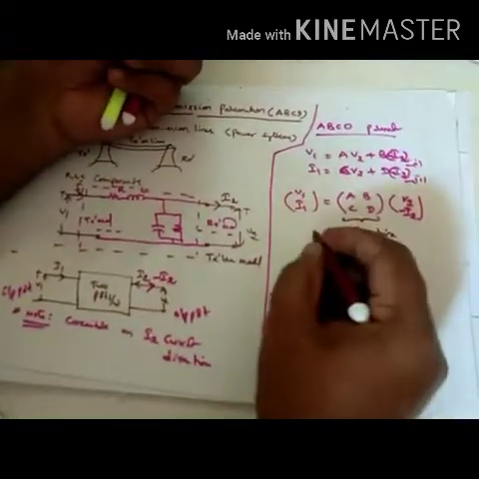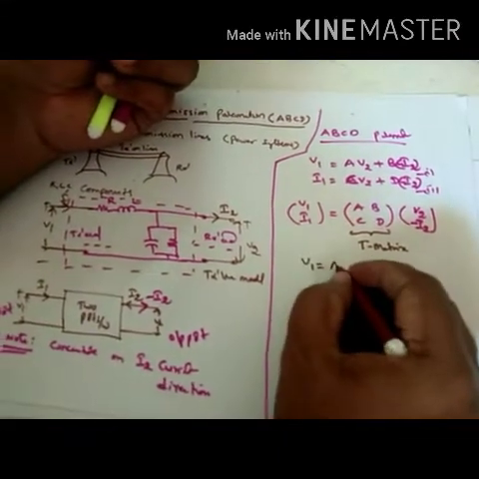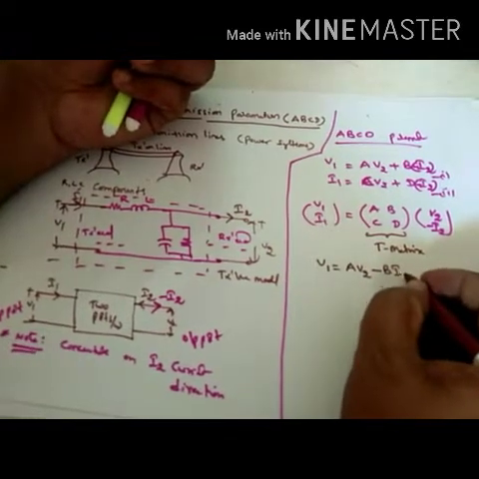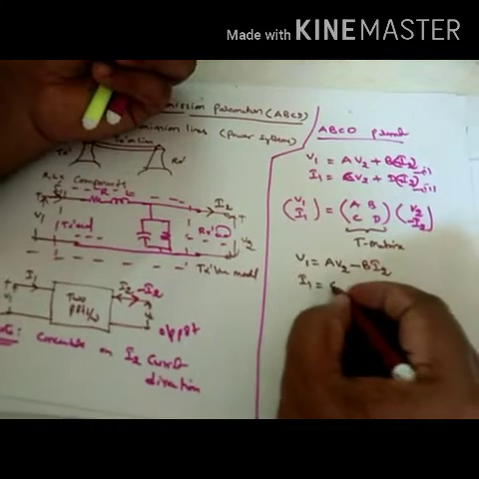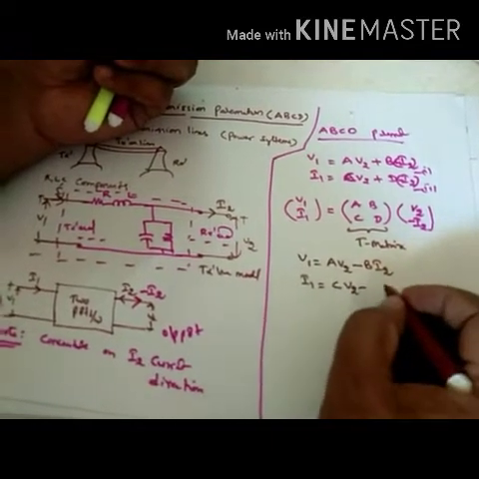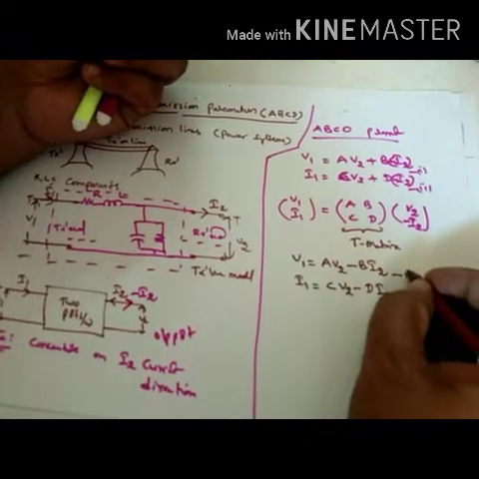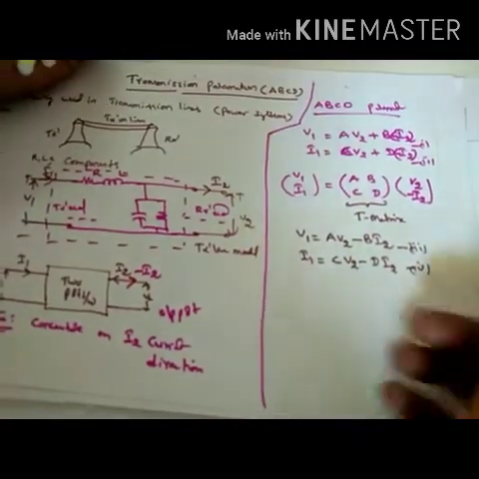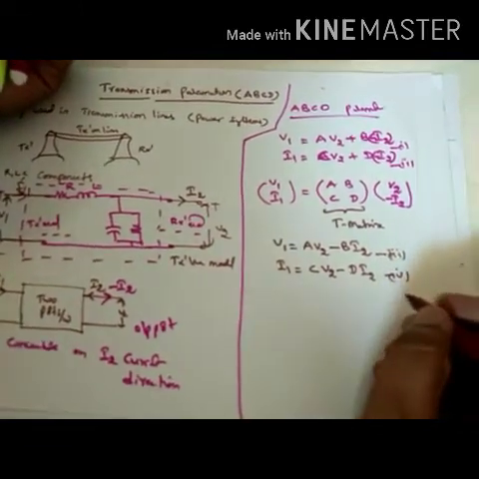Now the same equations can be written as V1 is equal to A V2 minus B I2, and I1 is equal to C V2 minus D I2. This is the third, this is the fourth. These third and fourth equations are mainly used to analyze problems.